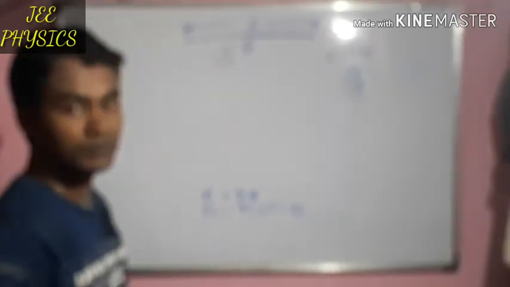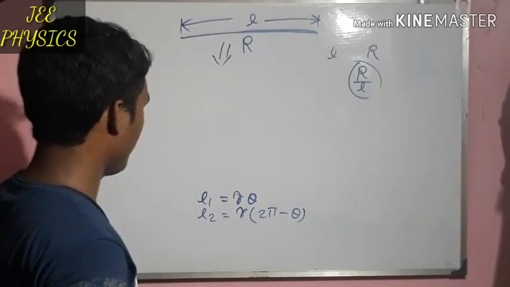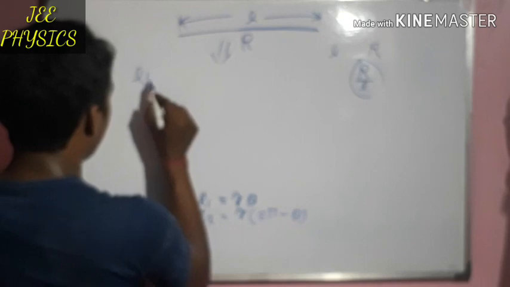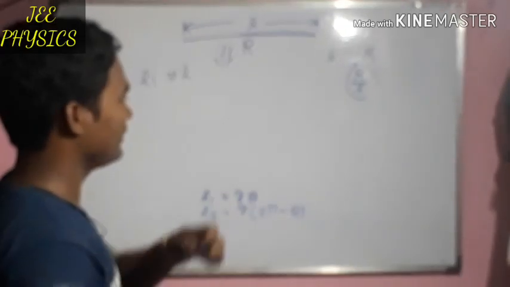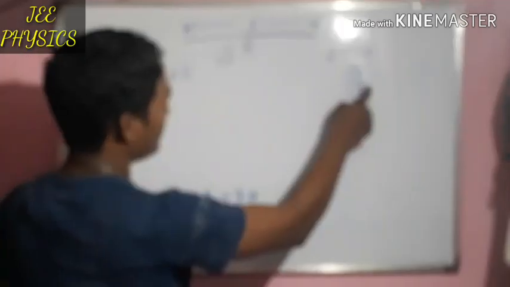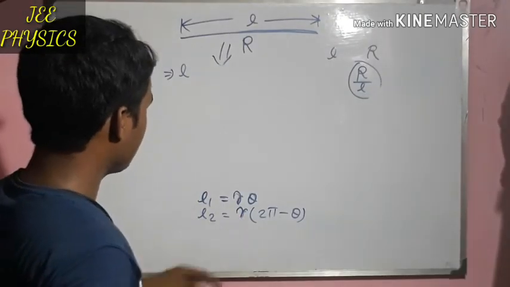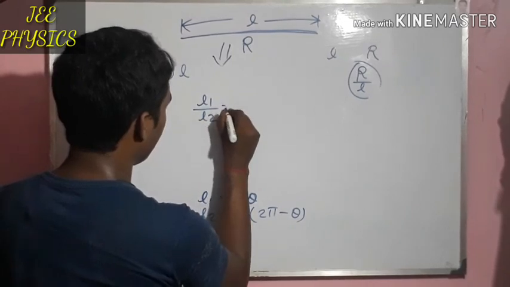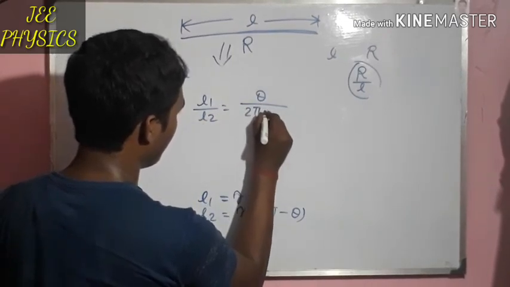It has no use, so I have to omit this. And I have to find the length L1 in terms of L, the whole length. Then I can multiply with this one, and L will cancel. To omit this R, we divide L1 by L2 and get theta by 2 pi minus theta.